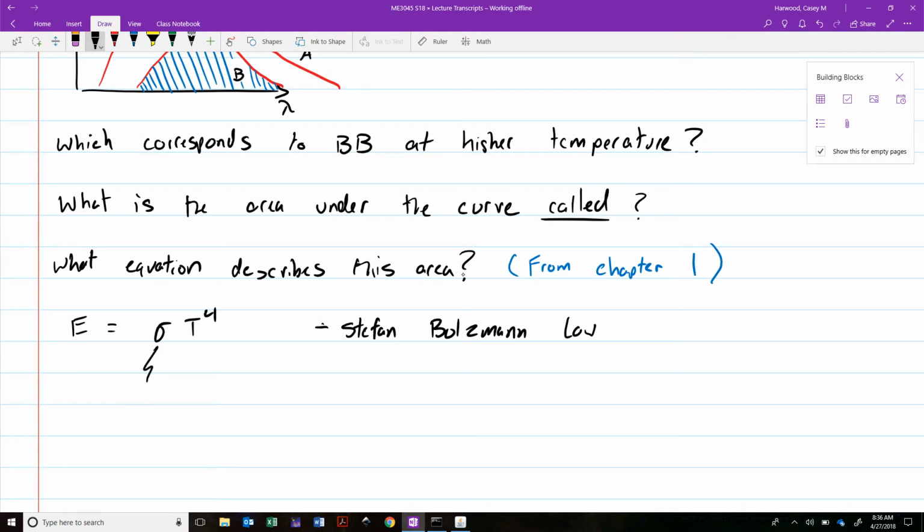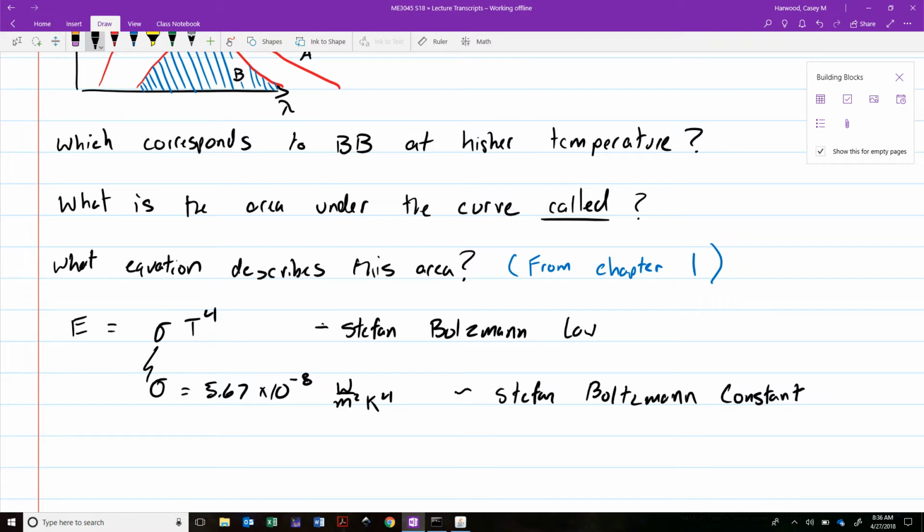Where sigma is equal to 5.67 times 10 to the negative 8th watts per meter squared Kelvin to the fourth, which is creatively known as the Stefan-Boltzmann constant. Okay, so this is good, right?